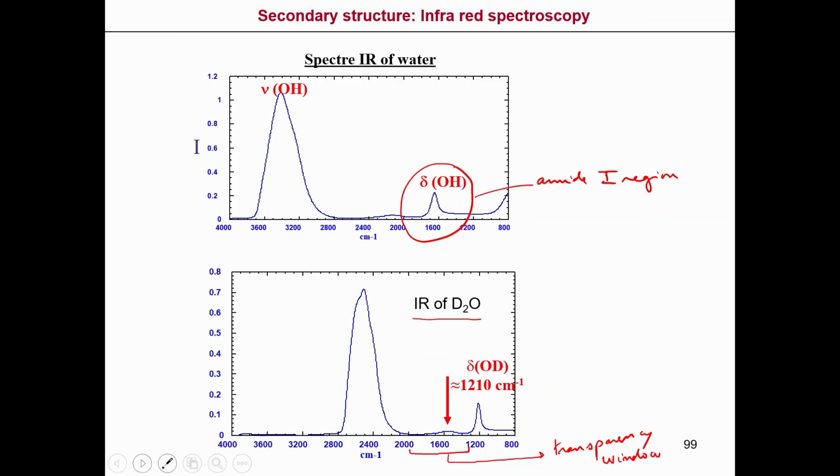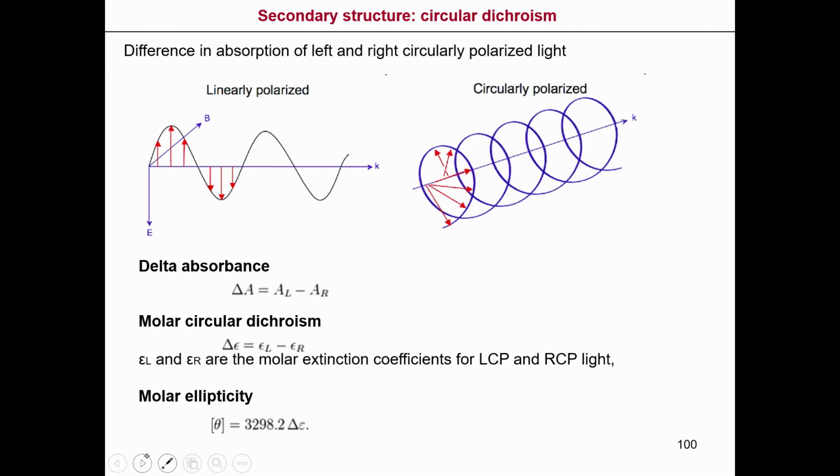The second technique to study secondary structure is circular dichroism. This time we use light in the UV, near UV region.